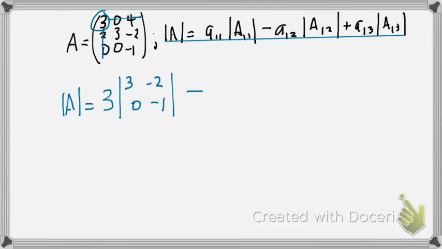Then we have minus, and we look at our second term, and it will be 0 times the determinant of its resulting matrix, which would be 2, 0, -2, -1, plus.